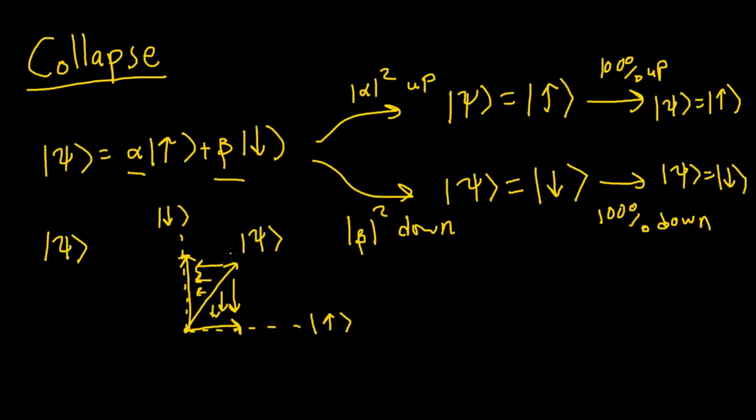But quantum collapse prevents you from doing that, because if you keep doing the same measurement over and over, you're going to keep getting the same answer over and over. The thing is that in quantum mechanics, after you do a measurement, your state is altered due to the measurement.